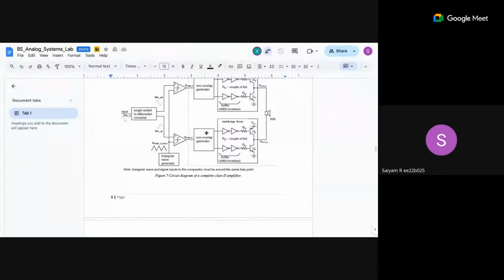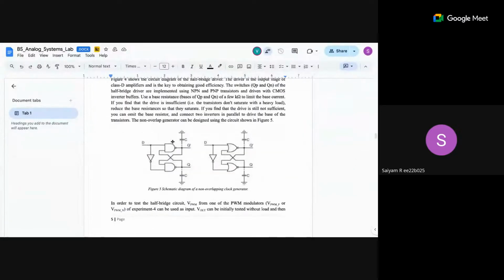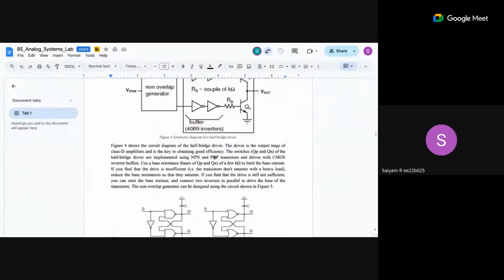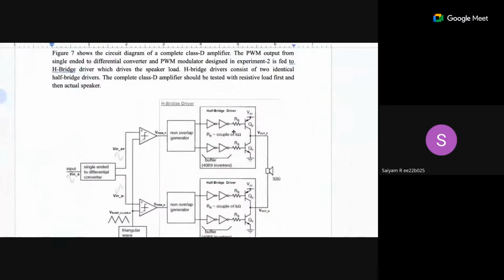The role of this non-overlap clock generator is that at any point of time, if this is on, this will be off, and if this is on, this will be off. So both of them won't be switched on at the same time. This makes sure that there's no short from supply to ground.